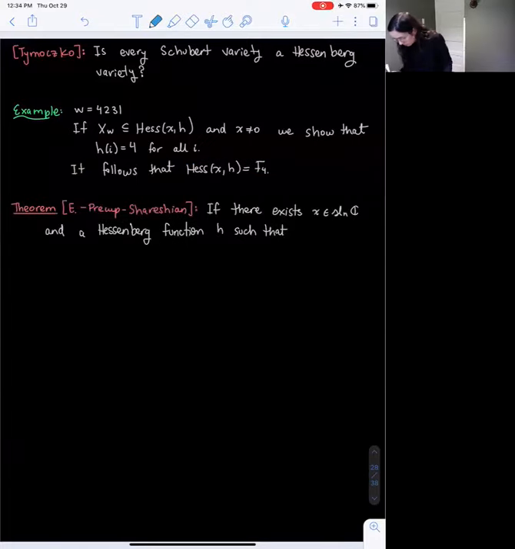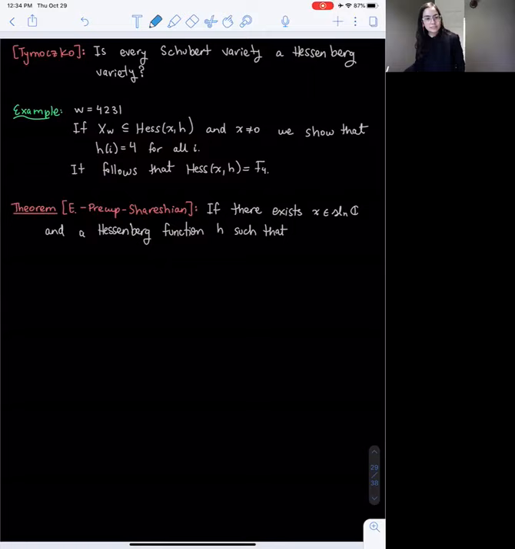So with John and Martha, what we proved is that if there exists an element X of your Lie algebra and a Hessenberg function such that your Schubert variety is equal to this Hessenberg variety, then you must avoid that pattern.